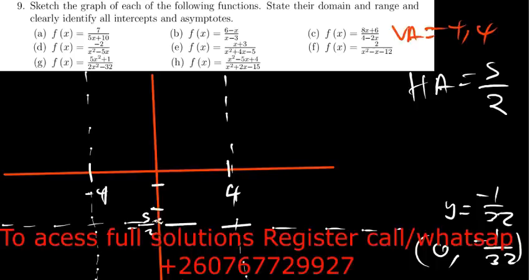Now, we have got only one intercept. That is what we have. So let's see, how is our graph going to be like? We don't have an x-intercept, so the graph is not going to touch the x-axis. That is what we should know. So at 0 comma, you have this point here.